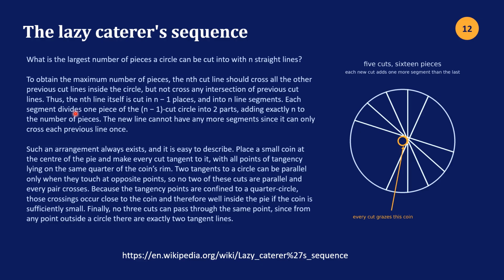Each segment divides one piece of the existing divided up circle into 2 parts, adding exactly n to the number of pieces. The new line cannot have any more segments since it only crosses each previous line once. So in going from one step to the next, you're adding n more pieces to the fragmented circle. So that's key. We'll need that when we set up the recurrence relationship.